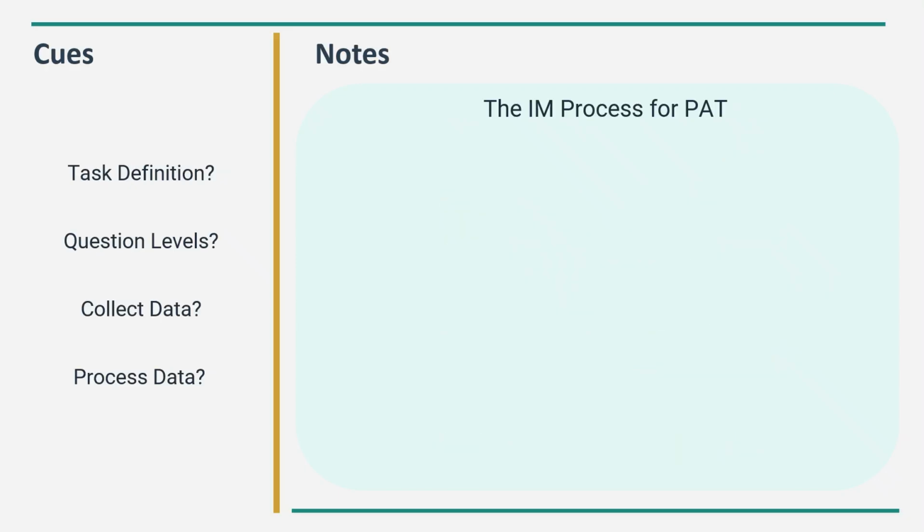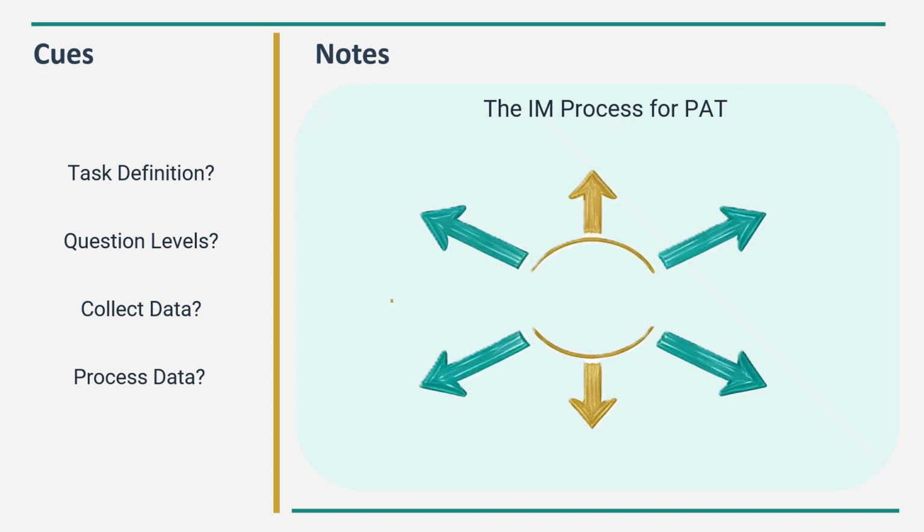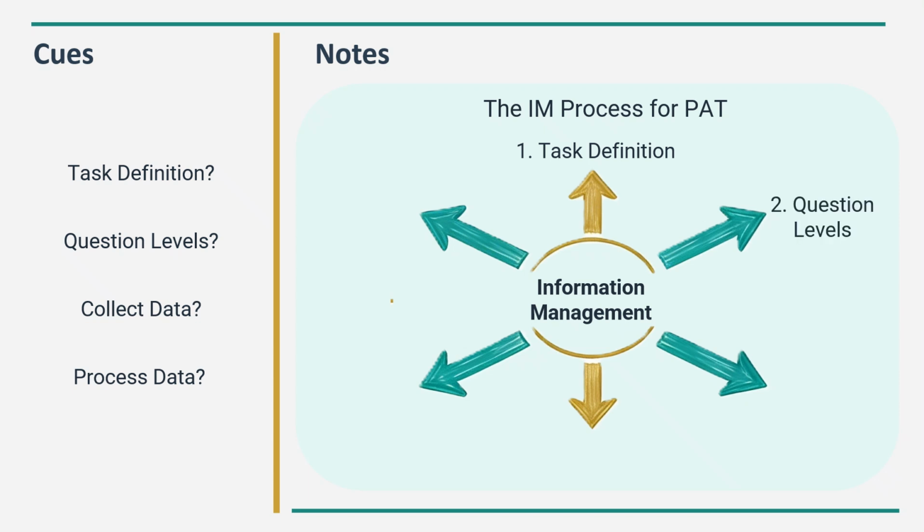So, the IM process for PAT. Here's the big picture for information management that your PAT follows in 6 stages. First, you write a task definition to clearly state the problem and your focus questions. Second, you plan questions at different levels, from basic facts to deeper conclusions. Third, you collect data using tools like questionnaires and electronic forms.